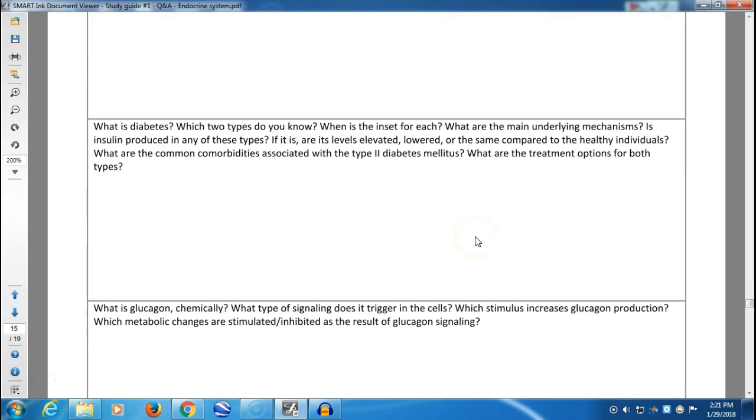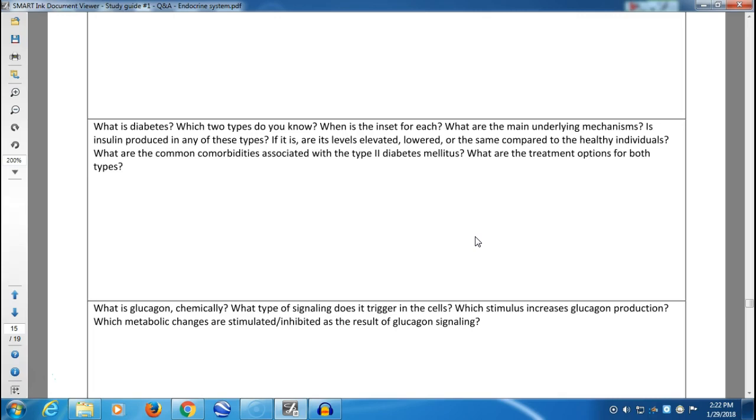Diabetes, two types. Type 1 is juvenile, genetic, lack of insulin. Type 2 is lifestyle, later in life, insulin is high, but people develop resistance. Okay, I want you to know the idea of insulin resistance. So in a person with type 2 diabetes, what do you expect in the blood?